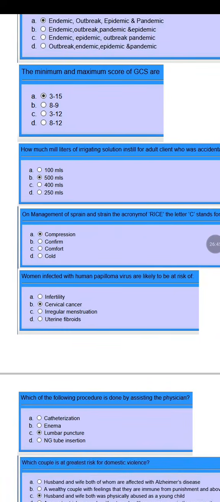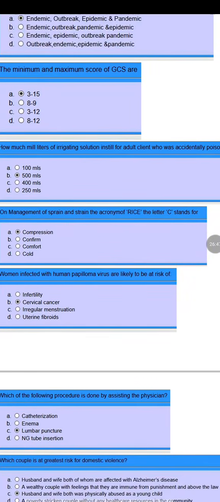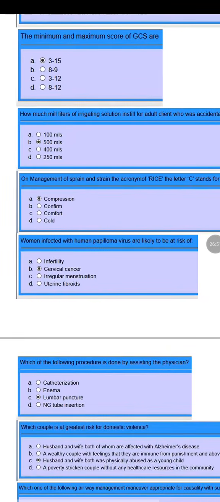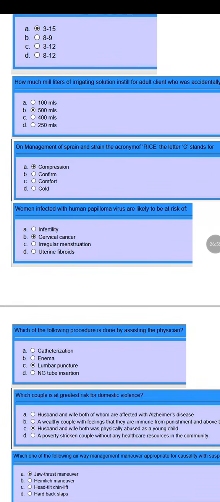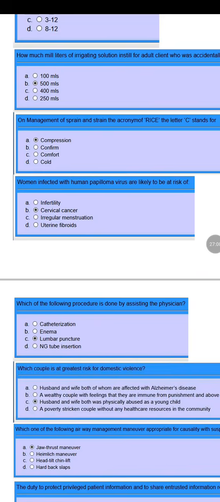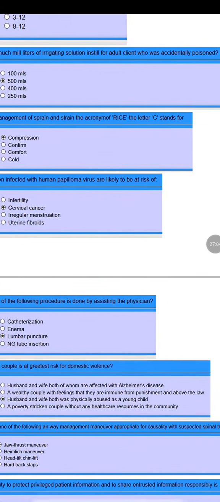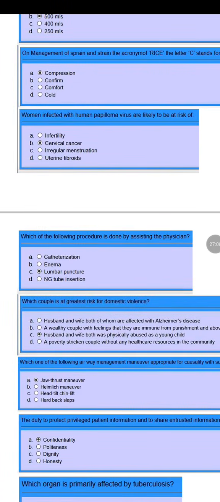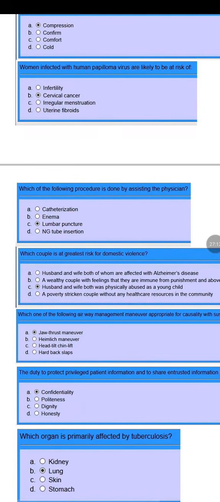How much liter of serum is given to an adult client who has an accident of poison: 500 ml. Management of perineal and external. Human papilloma virus is at risk for cervical cancer.